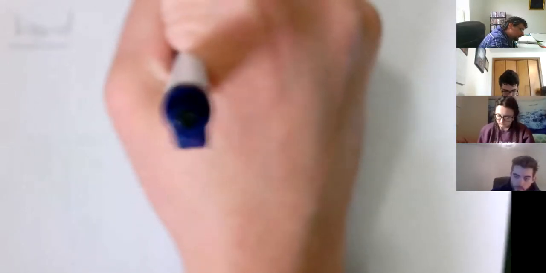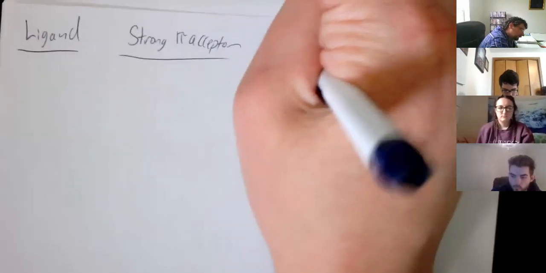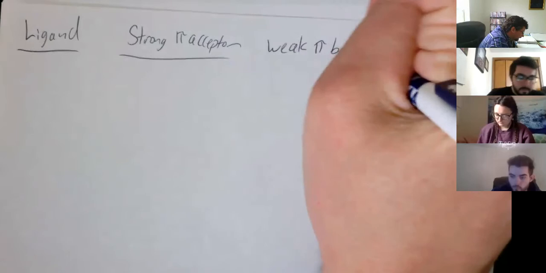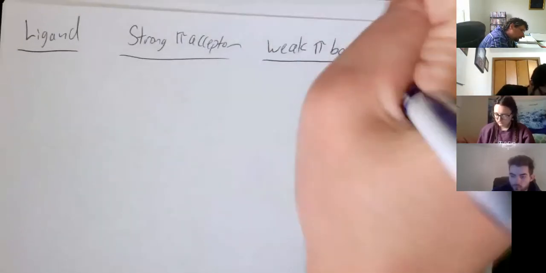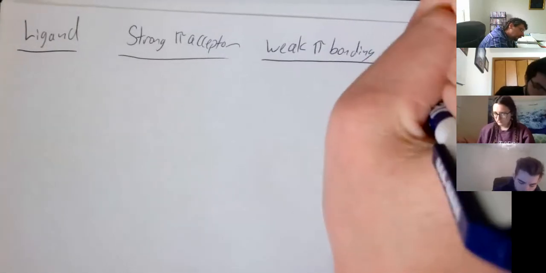Okay, so now what we're going to do, we're going to make a table. We're going to list the type of ligands. We're going to have ligand, the type that we have. We're going to have strong pi acceptors. We're going to have weak pi bonding. And we're going to have strong pi donor.